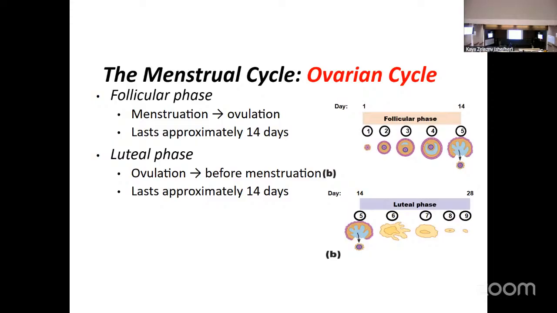Our dividing line is ovulation. So ovulation is when we are actually going to be expelling a cell or collection of cells from our ovary. So you can see this kind of explosion happening here. That's ovulation. Okay, so ovulation kicks you into the luteal phase, the second half of the menstrual cycle.